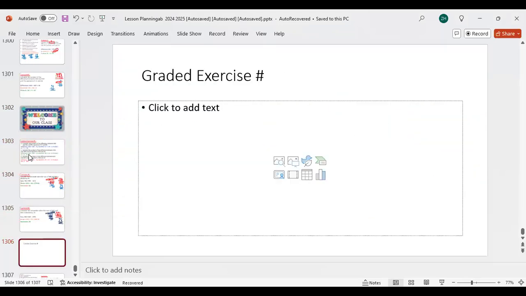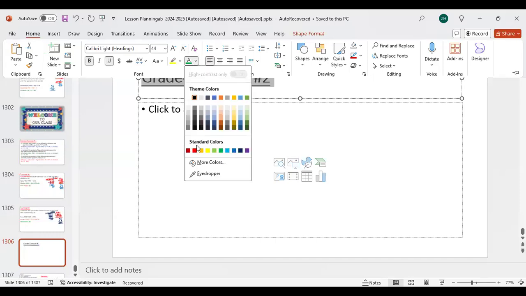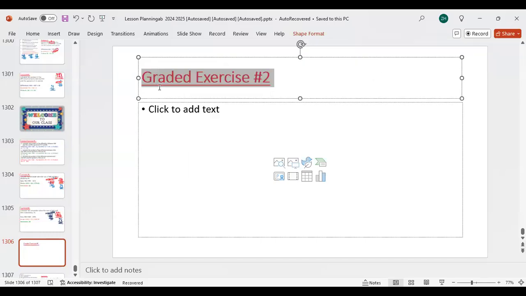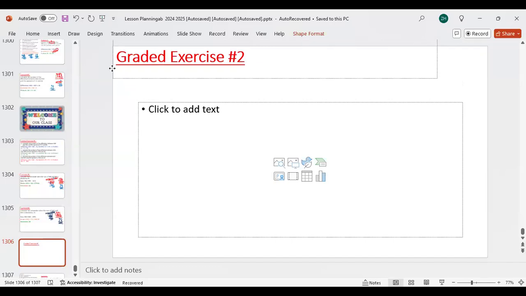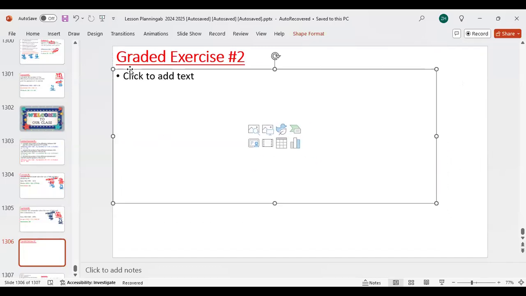Okay, so we grade exercise number 2. Number 1.